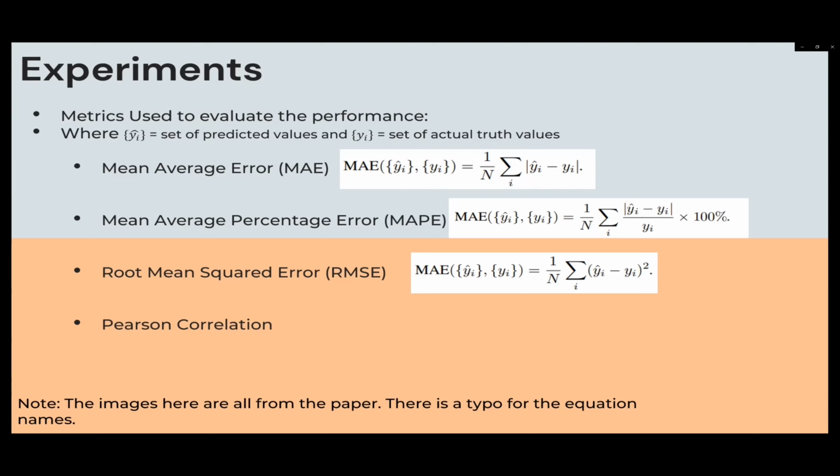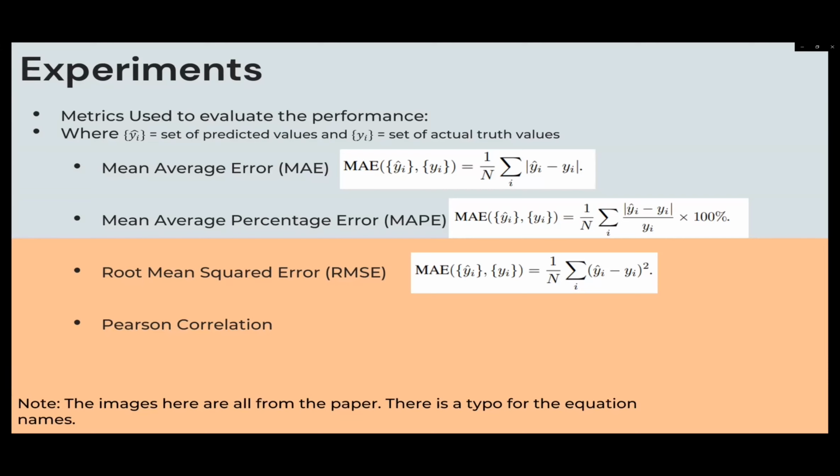All of them start with MAE. However, the second image is supposed to say MAPE, and the third one is supposed to say RMSE. But this was purely a typo on their part, and I wanted to use the images from the actual paper itself instead of pulling out other images, because they have specific sets as the input to these functions, which you see here, where y hat is the predicted labels that this is able to output.